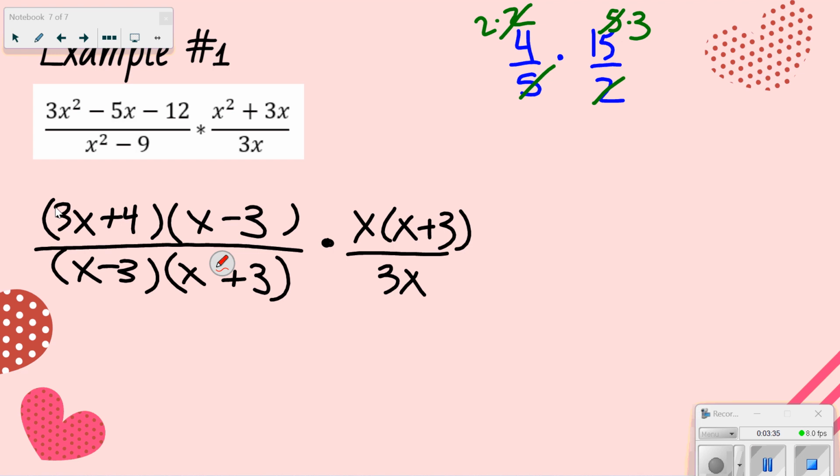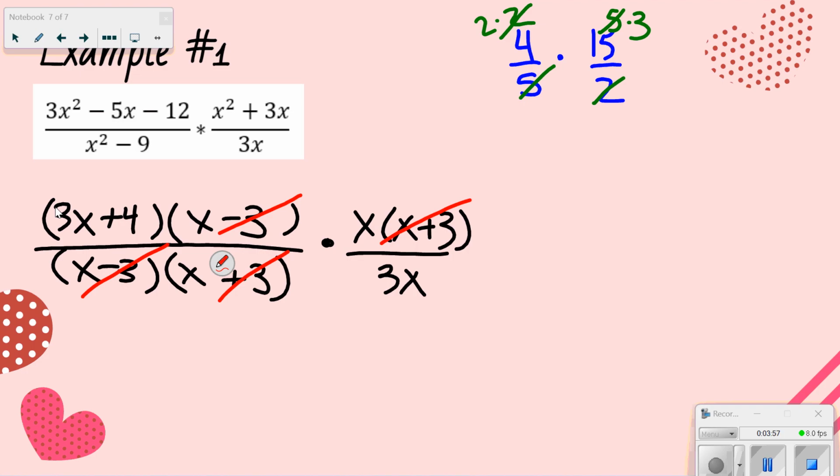So what common factors do you see to simplify by? What's one you see, Yalda? x minus 3 and x minus 3. Right, x minus 3 over x minus 3. Do we have anything else? x plus 3 does work because I have an x plus 3 in the numerator and an x plus 3 in the denominator, kind of like how I have 2 over 2 here.